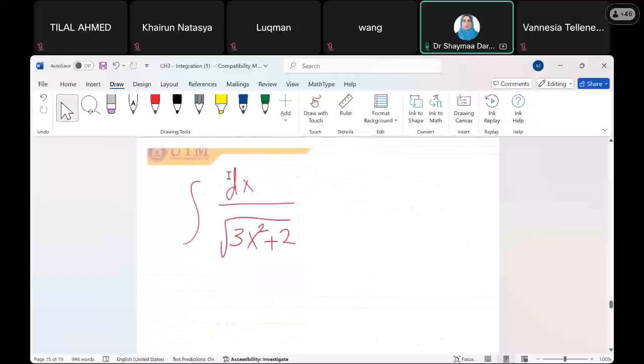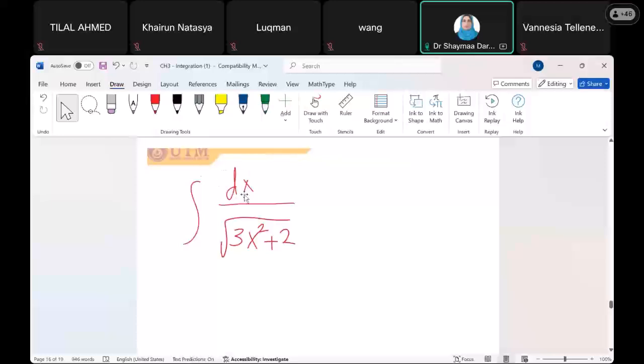Usually, if you have a constant in the numerator, and below you have a square root of a quadratic expression like this one, 3x squared plus 2, maybe this quadratic is under the square root or not, we apply one formula, either the formula of inverse trigonometric functions or the formula of inverse hyperbolic functions. How do you know?